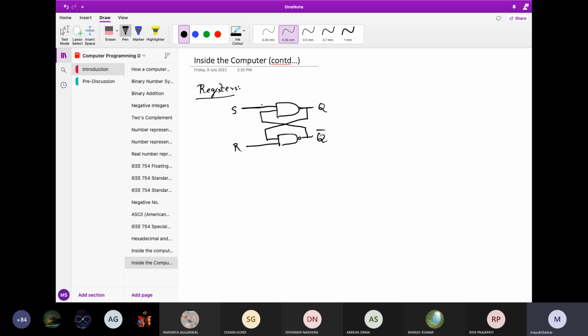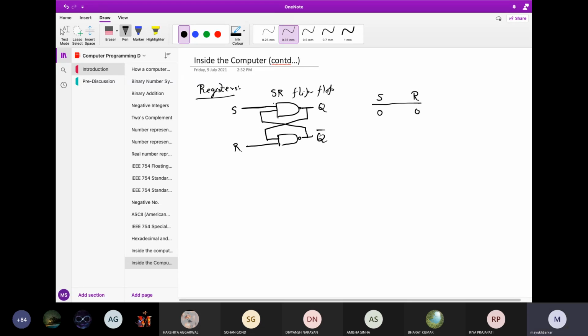This is one of the most common basic register. In fact, if you see, this is called SR flip-flop. Suppose you are passing S as 0 and R as 0. S0, R0. That means both of them are at low voltage.